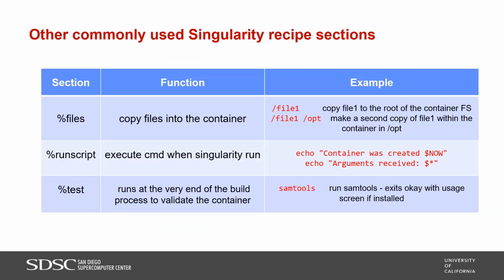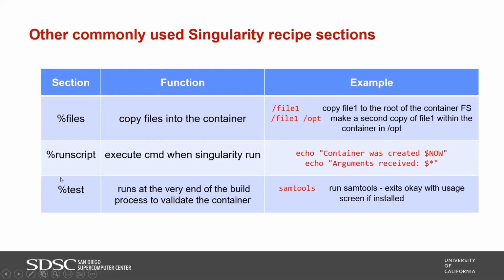And there are some other very popular recipe sections I listed here, and they will help you to make better recipes. For example, if you want to copy some files from your PC into the container during the building process, you can use the files section to copy those files.